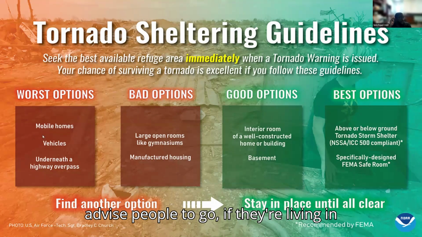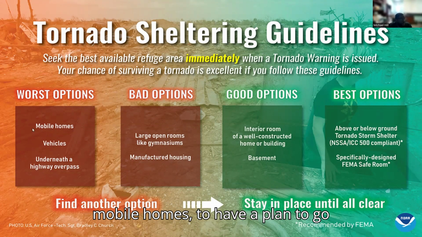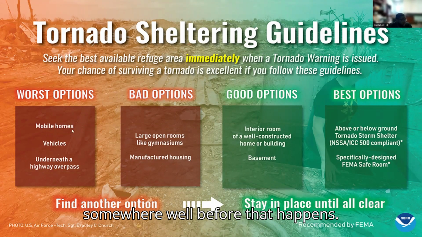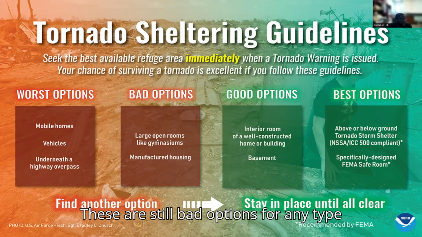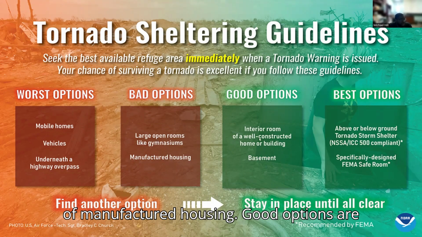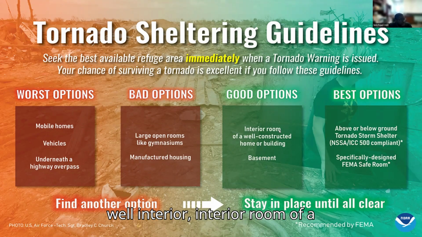So we advise people living in mobile homes to have a plan to go somewhere well before that happens. A step up is large rooms like a gymnasium. These are still bad options for any type of manufactured housing. Good options are an interior room of a well-constructed home or building, or a basement.